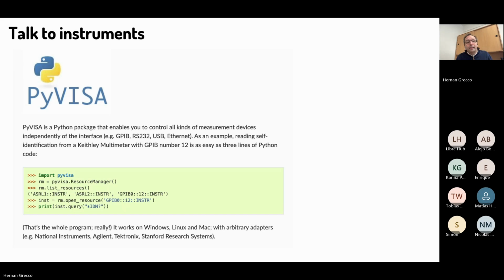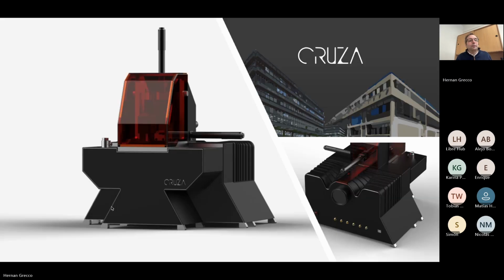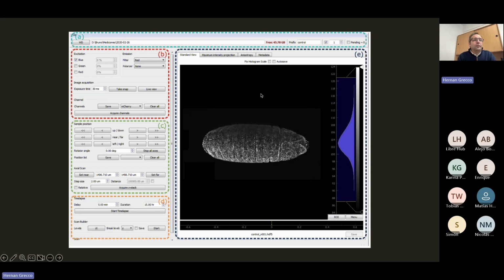So, by the way, a few things that we did with PyVisa, for example, this is our light sheet fluorescent microscope. It's called CRUSA. It's a joint development between my lab and a group of students of the Faculty of Industrial Design. And basically, that whole thing is controlled from Python. This is the user interface.